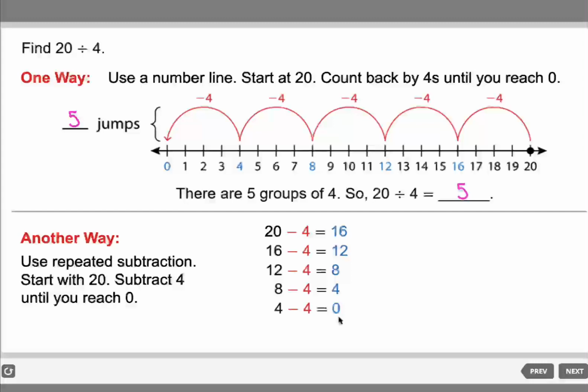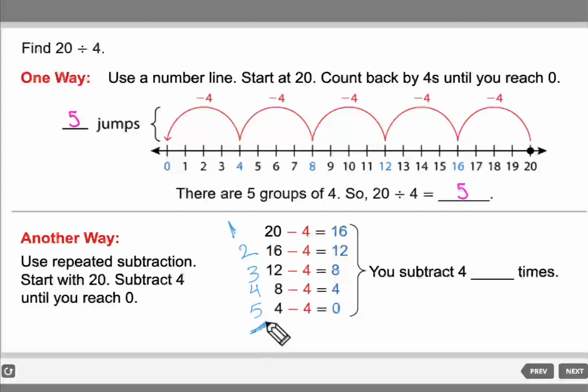Now we've reached 0. So we need to count how many times did we subtract 4. So let's count. We have here, this is 1, 2, 3, 4, 5.